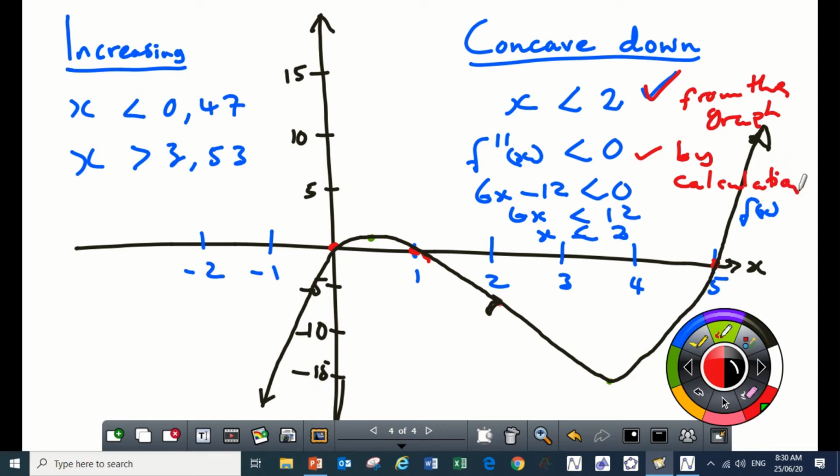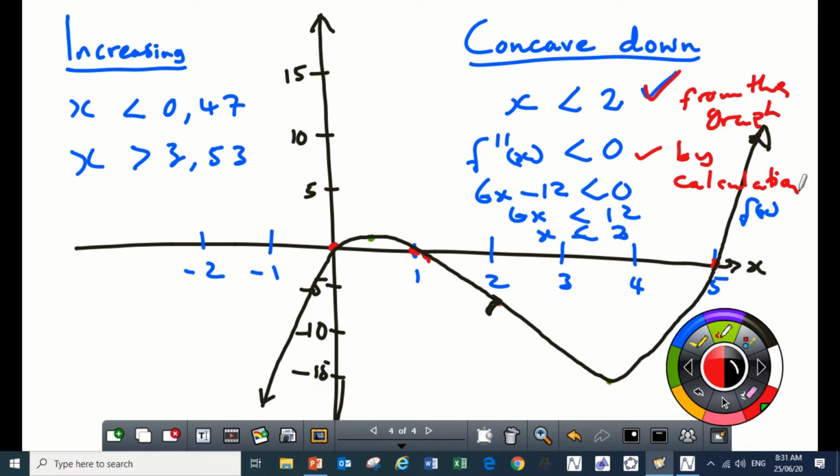It's very easy. The same rules apply for concave up. So for concave up, it means in the vicinity we have a minimum turning point. So for all values of x that are greater than 2, the graph is concave up.